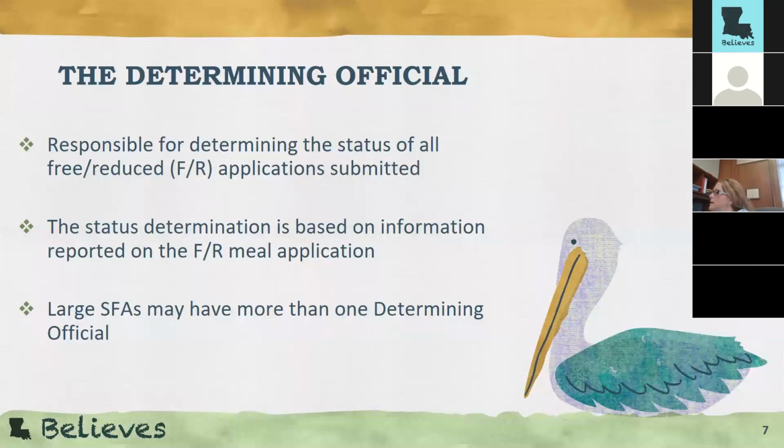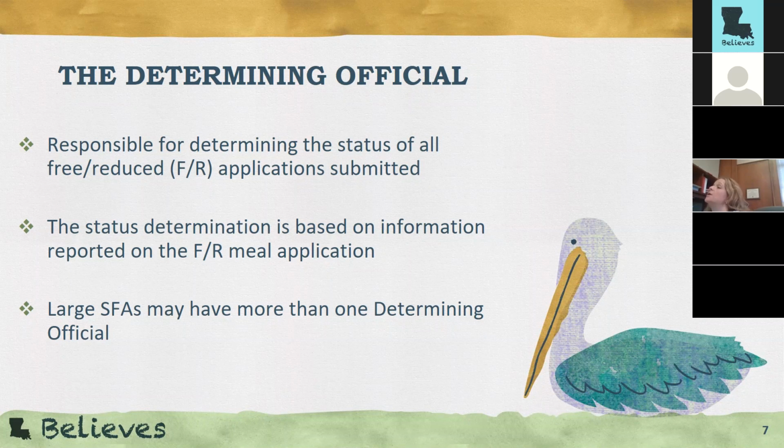The determining official determines eligibility status of all free and reduced applications using the information provided on applications. They will sign all applications as they process them. The determining official may not be the pre-verifying or the confirming official, who will conduct a second-level review of all applications selected for verification.